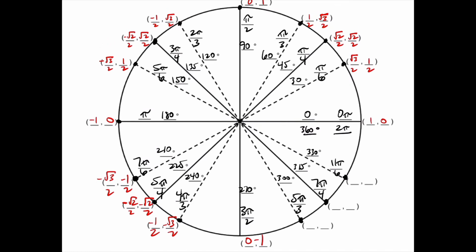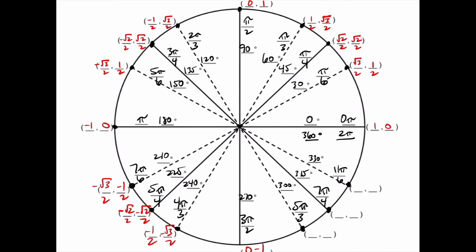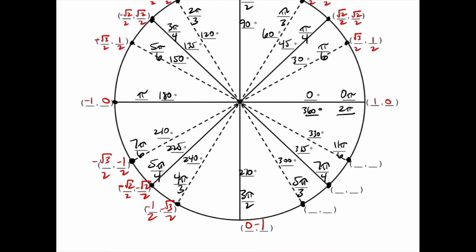But if you notice, the first dot, this dot here, if I draw a straight line, it passes through those two, right? So those two are going to have the same x coordinate. If this one has an x coordinate of 1/2, then this guy's got to have an x coordinate of 1/2. So I'm going to put that down there.